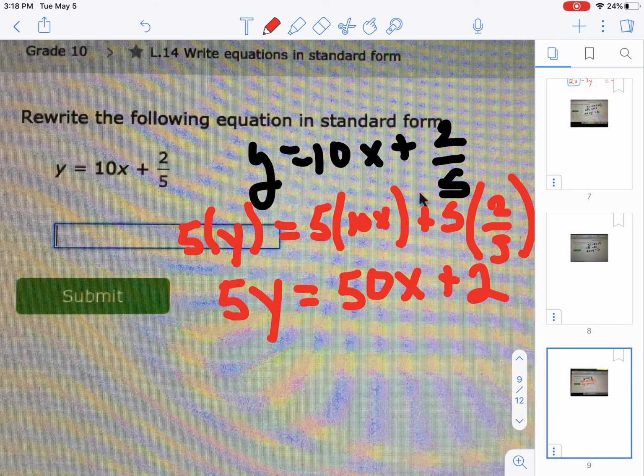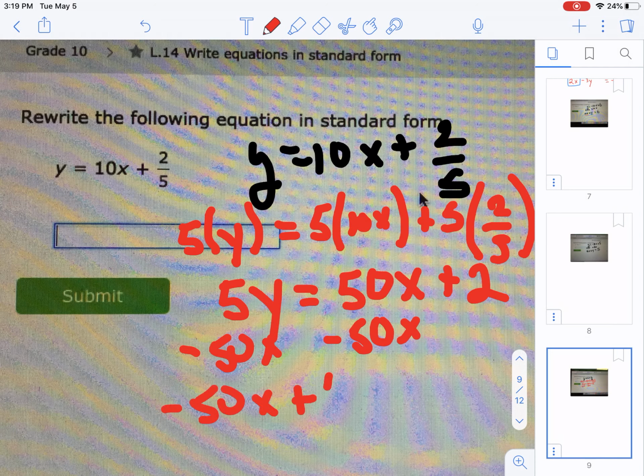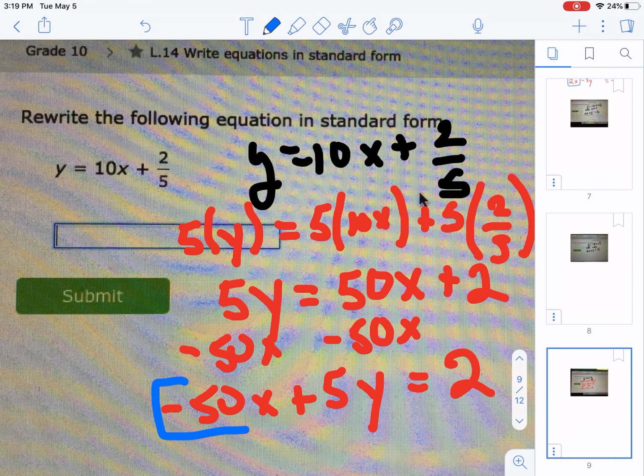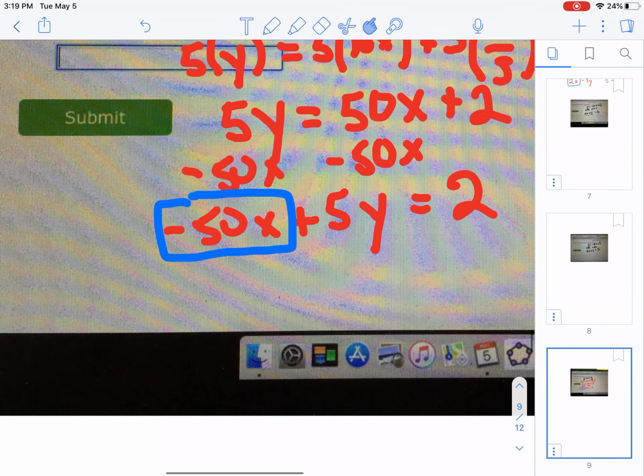Now we have to get the x to the other side of the equation. So we're going to subtract 50x from both sides. That gives us negative 50x plus 5y equals 2. And then we can't have a negative sign here, so we're going to have to multiply everything by negative 1.